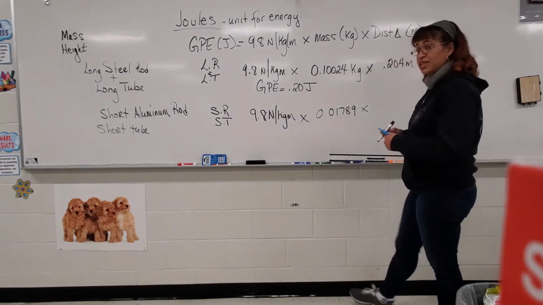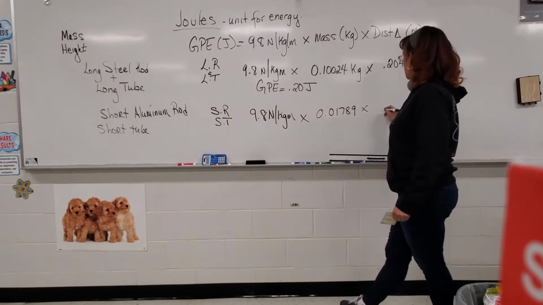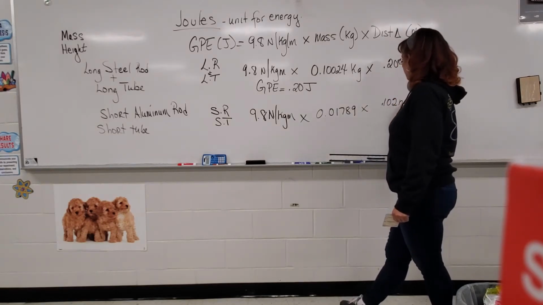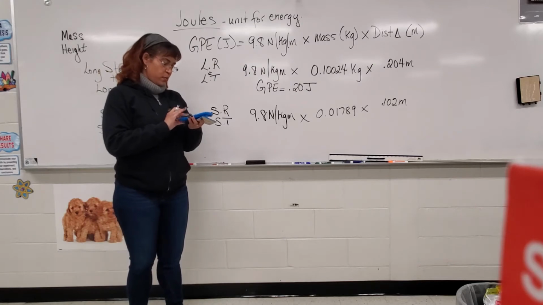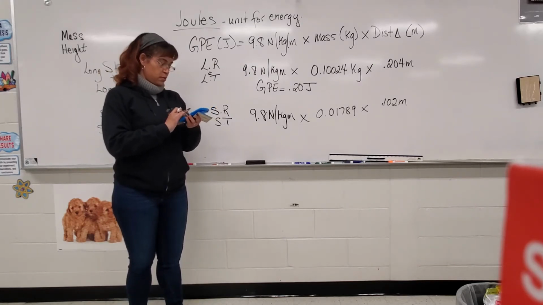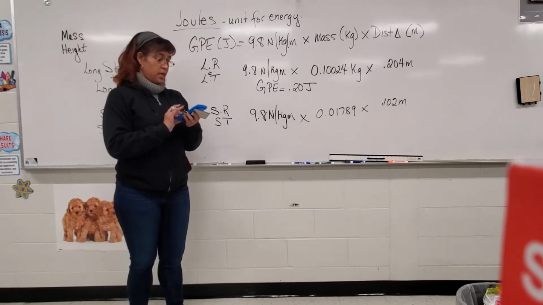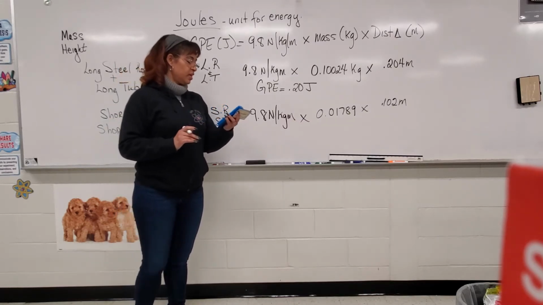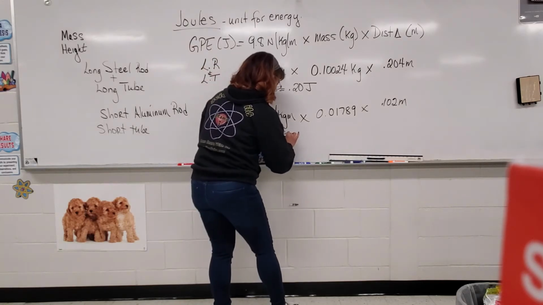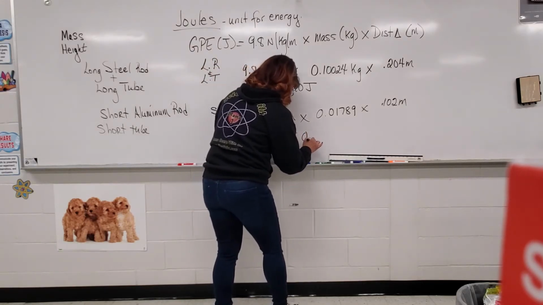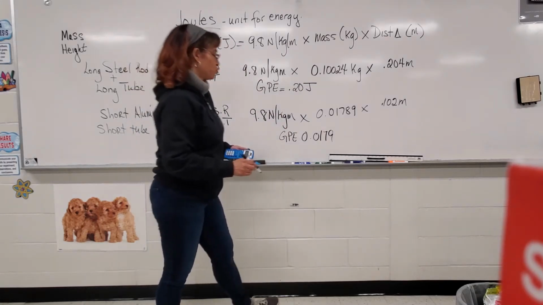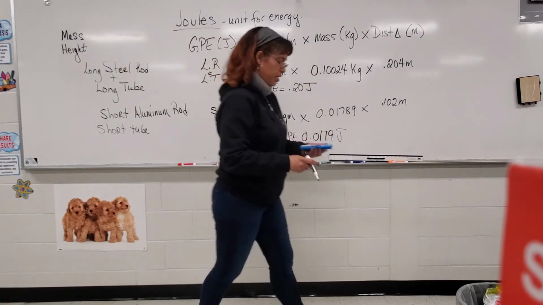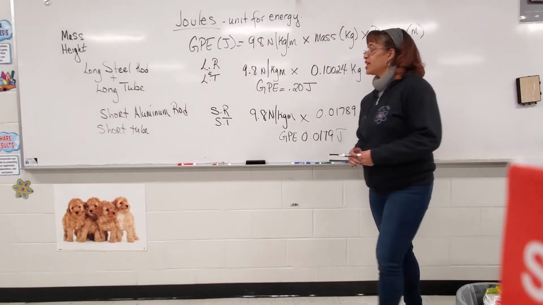It had a tube distance of 10.2 centimeters, so 0.102 meters. When we did this math, it was 9.8 times 0.01789 times 0.102, and that equals a GPE of 0.0179 joules.